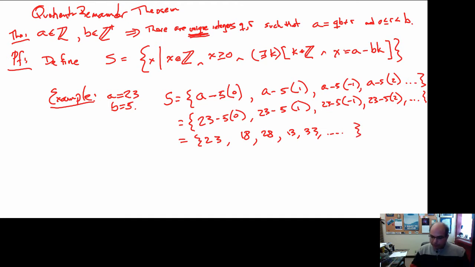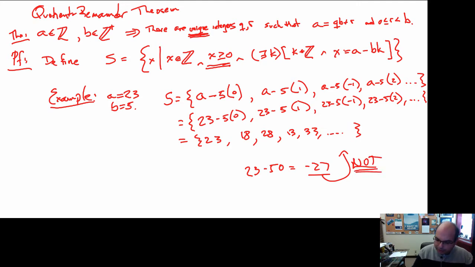Those are the numbers in this set. It's basically the number a, and then we're subtracting multiples of b, but the result has to be non-negative. For example, 23 minus 50 is equal to minus 27, but that is not here.